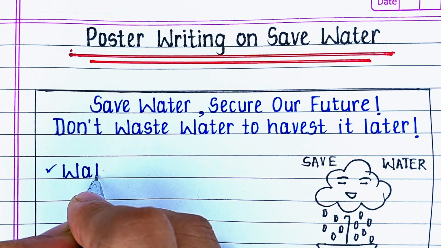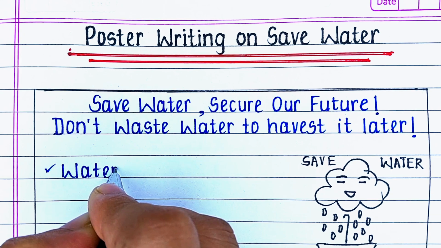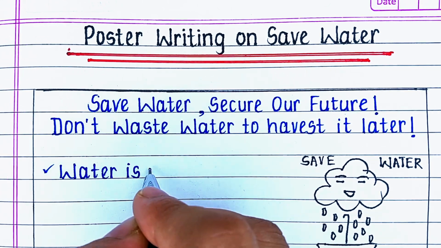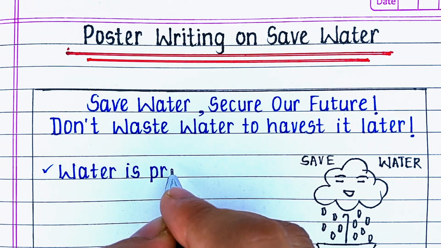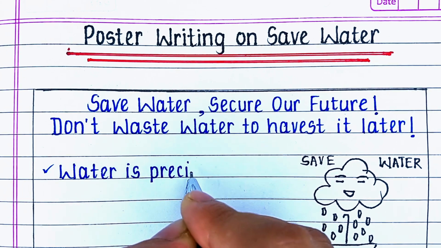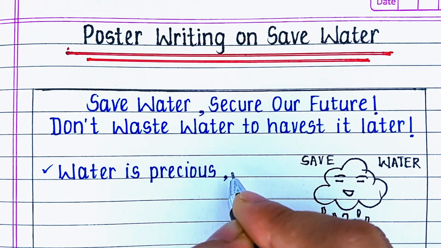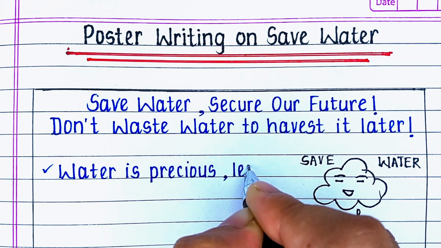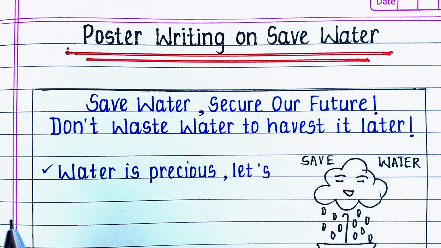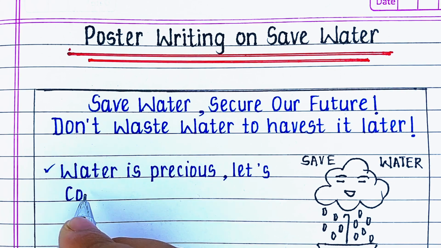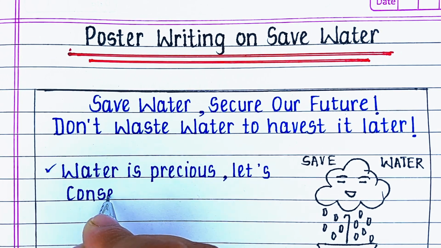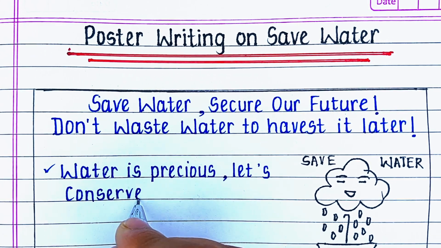In the next part, you have to sum up the important points that you need your audience to consider regarding saving water. Here, I am writing 3 important points. First point is, water is precious. Let's conserve it.